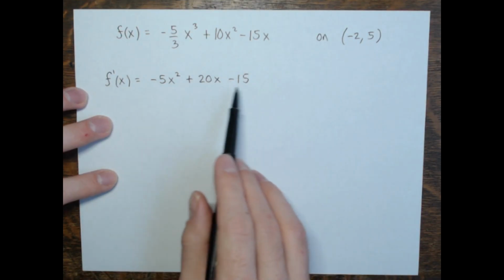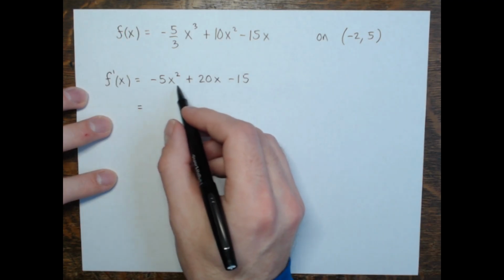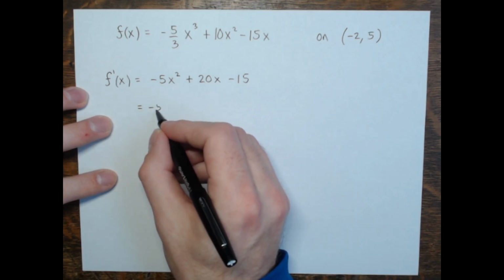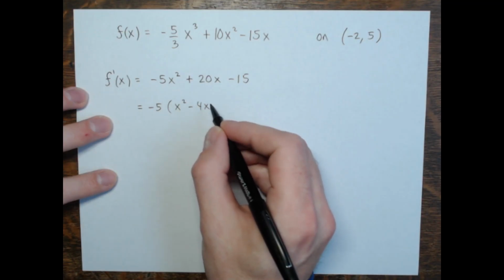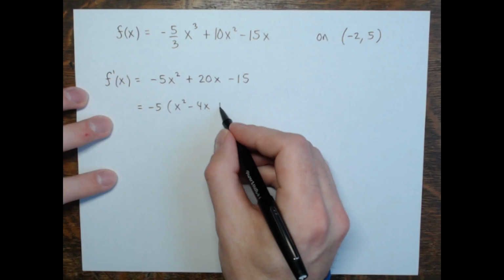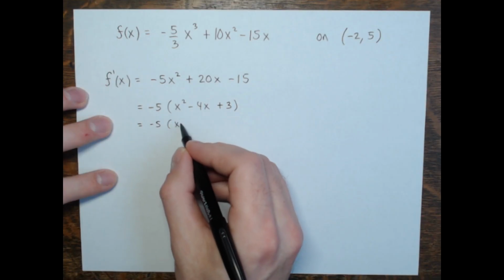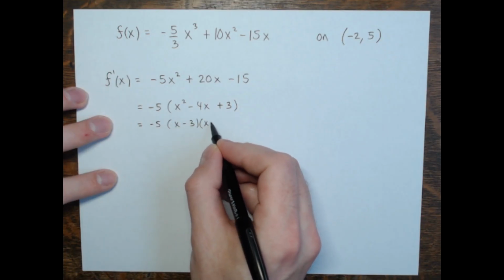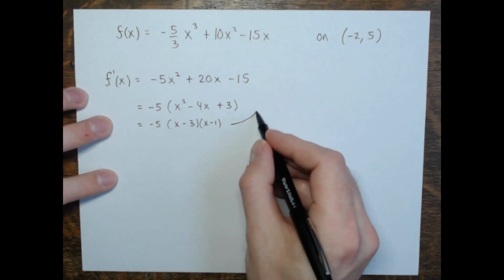I could use the quadratic formula here, but this looks like it might be factorable. If I pull out a negative 5, you have x squared minus 4x plus 3, and that factors to x minus 3 times x minus 1. That's an easy way to look at it when you want to find critical points.